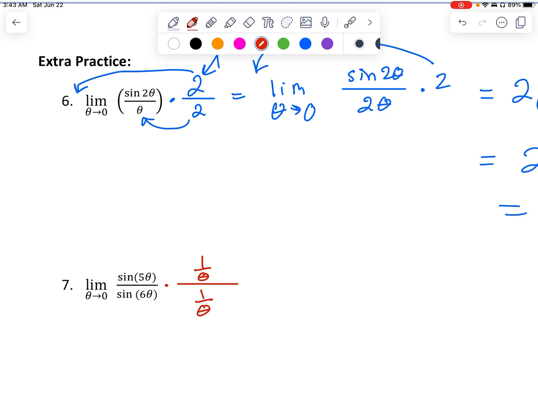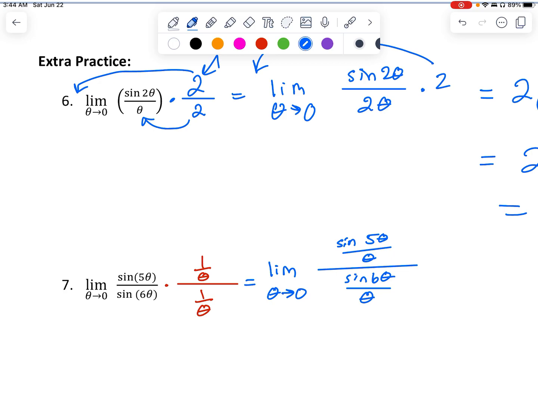So when I multiply those together, I get something in the numerator and in the denominator that looks like what I had in 6. So in the numerator, I now have sine of 5 theta all over theta. And in the denominator, I have sine of 6 theta all over theta.